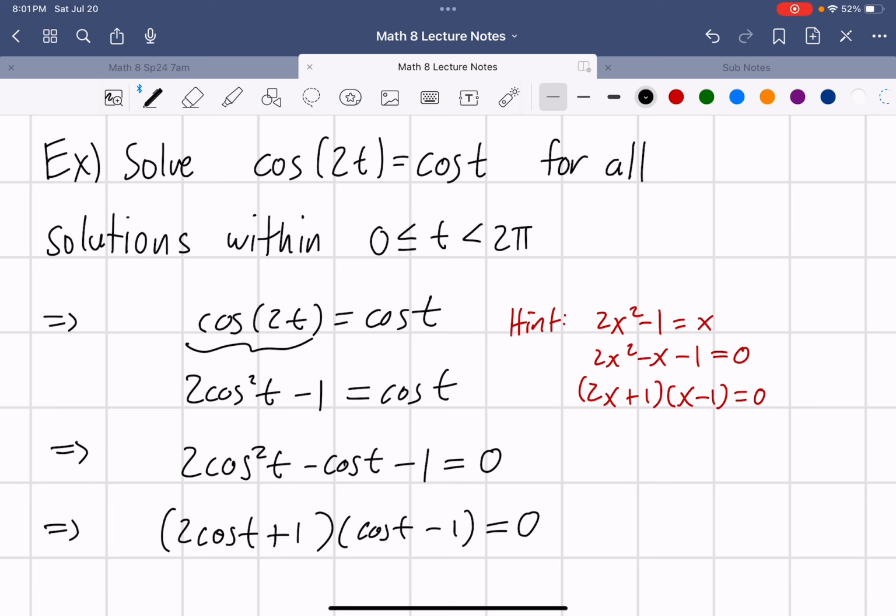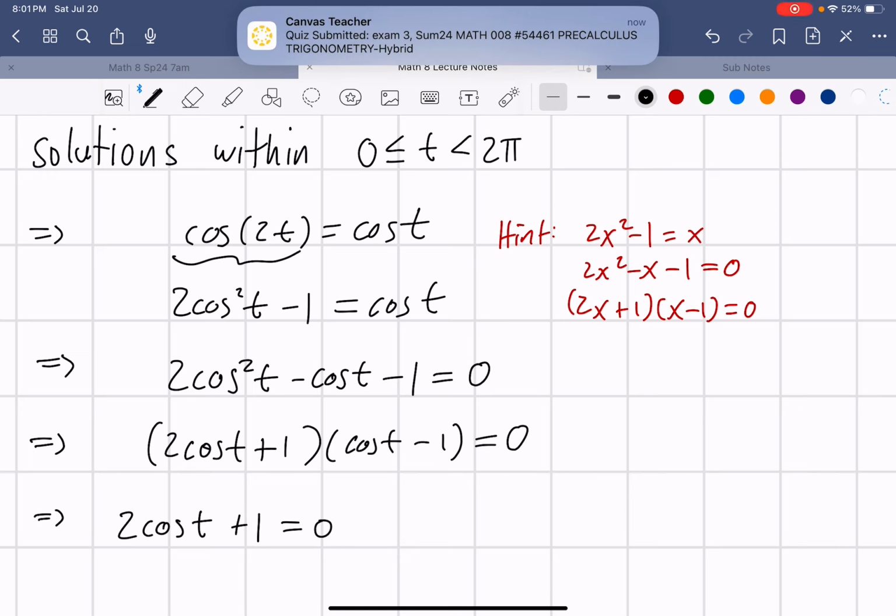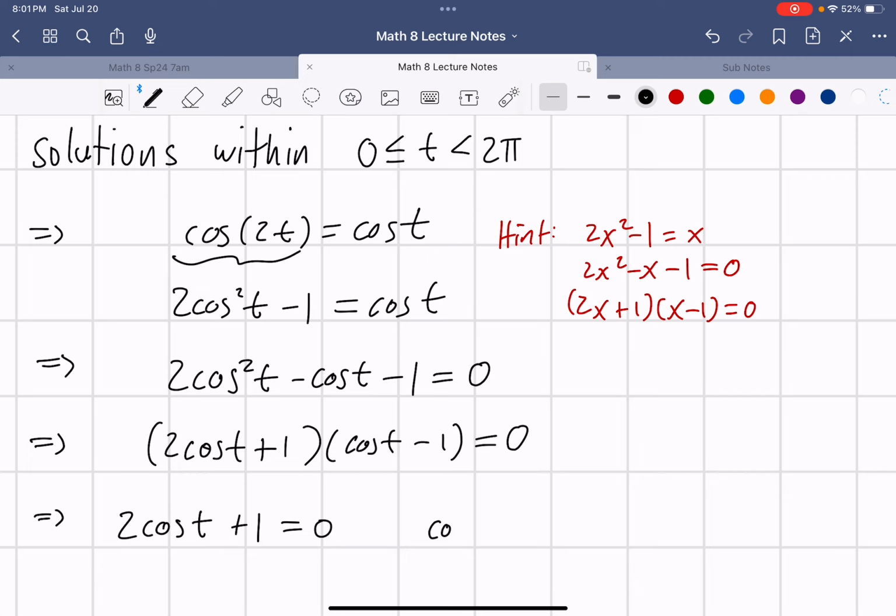And the zero factor property allows me to rewrite this into 2 separate equations. 2 cosine t plus 1 equals 0, or cosine of t minus 1 equaling 0.